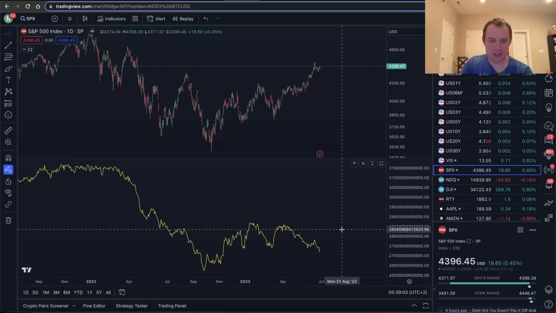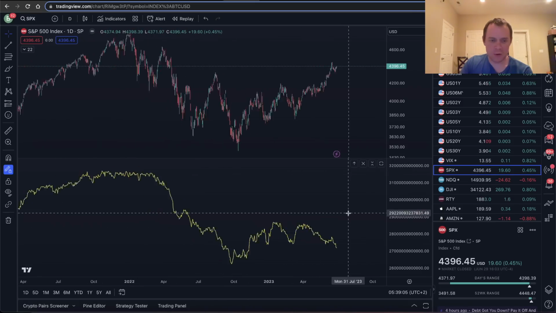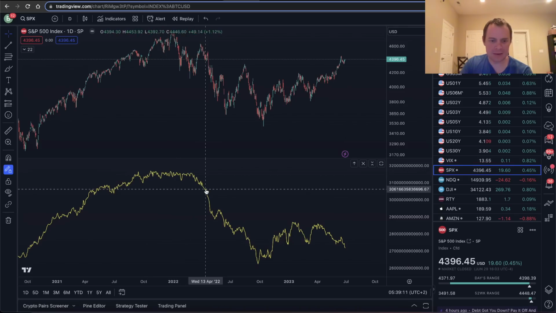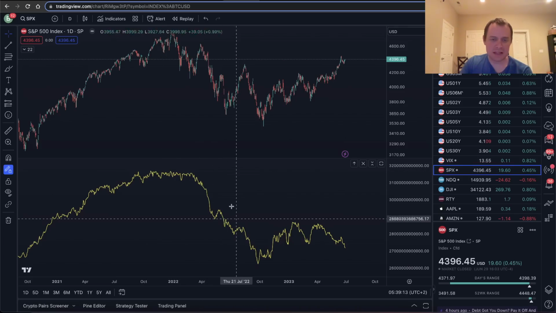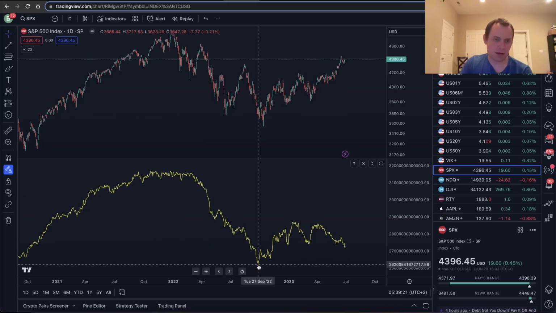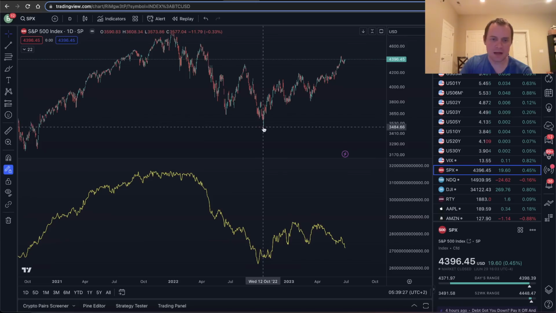Now, what's interesting is that for a long time, it looks like the S&P was tracking net liquidity. As net liquidity came down, you can see that so too did the S&P 500. The net liquidity here globally, again, it's not just local, but it's an approximation of the global net liquidity. You can see it found a low here in September, and the S&P found this low in September, but then it had a slightly lower low in October.